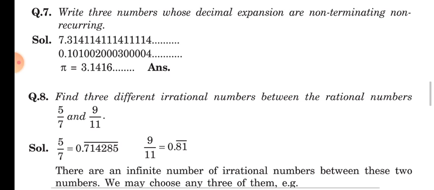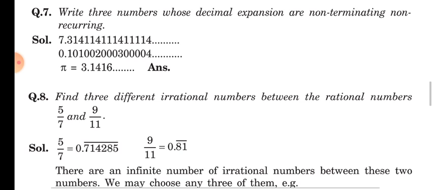So all the irrational numbers like root 2, root 3, root 5, root 7. If I convert the root of a prime number, that is root 2, root 3, into decimal, we will get non-terminating and non-recurring, meaning neither is it going to end, nor will any of the digits repeat.